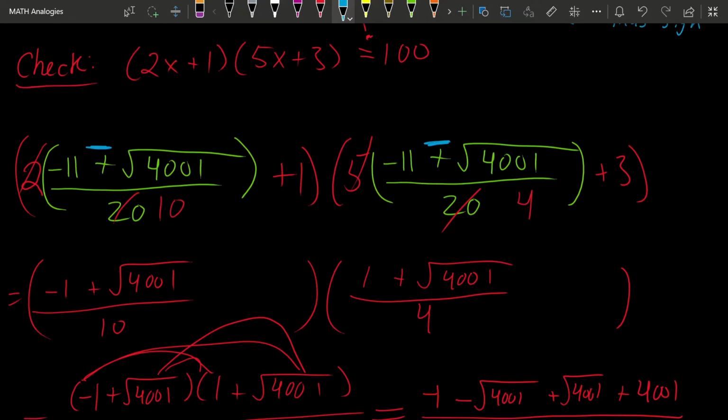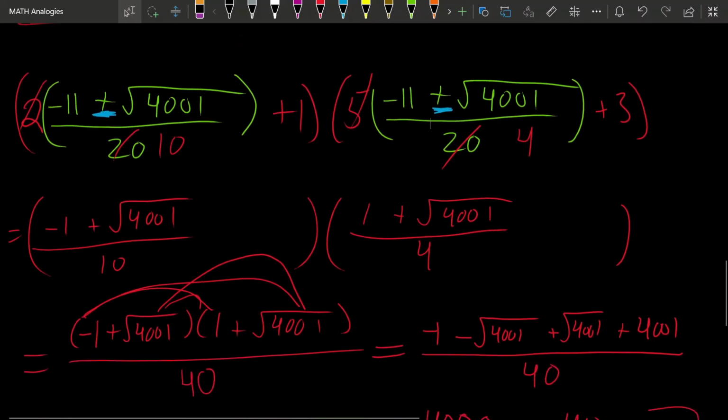And it doesn't totally matter, but when I wrote it before, I did plus minus on the bottom, so let's just do the minus on the bottom. Alright, we saw the 2 canceling out the 20 to get 10. We saw the 5 canceling out the 20 to get 4. Alright, and so what we have down here is the minus sign.